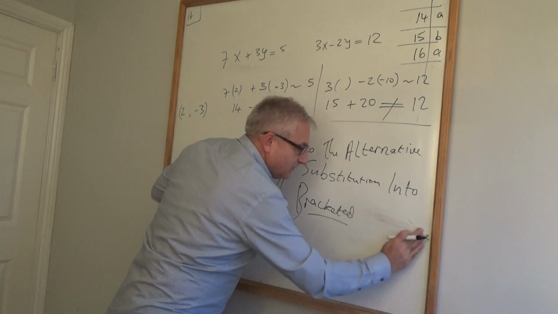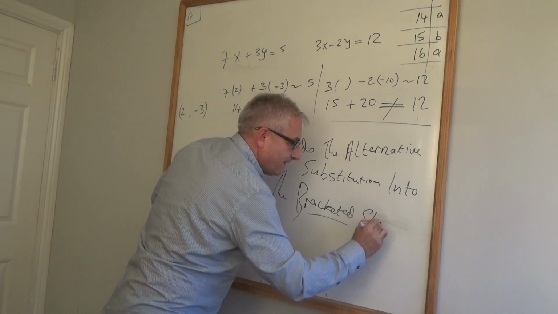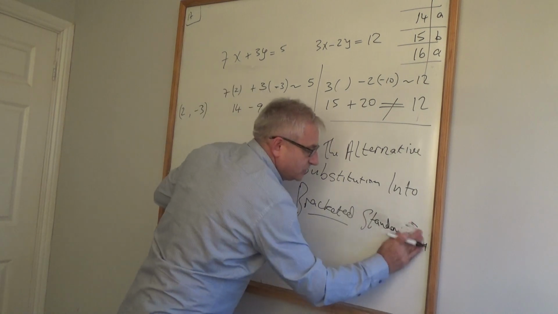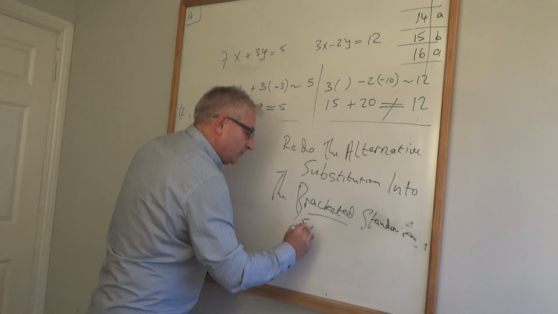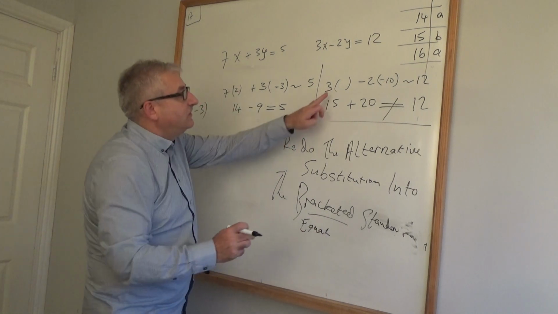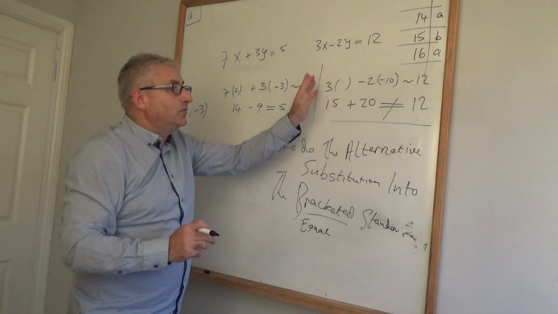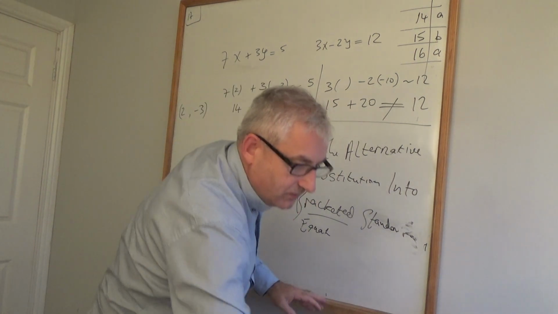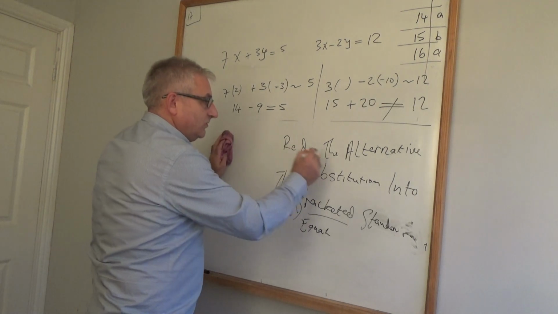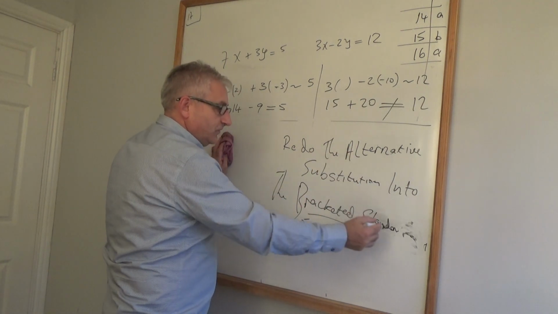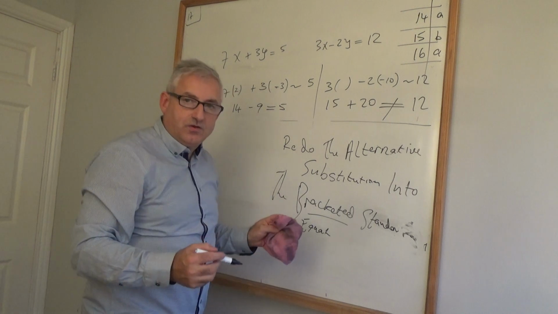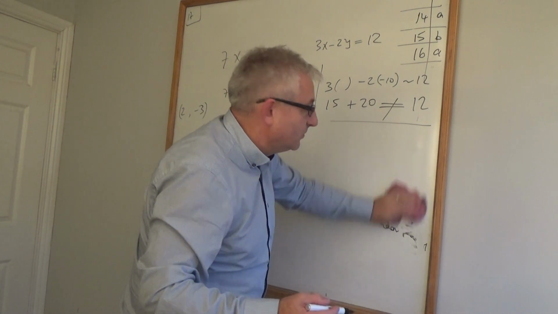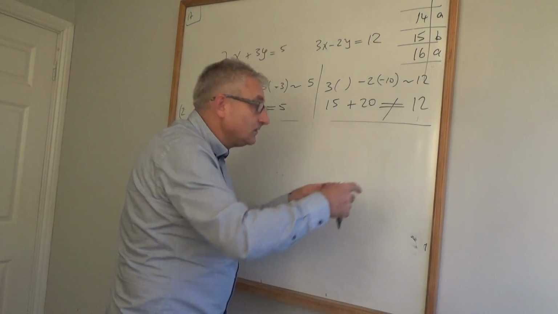The bracketed standard form equation, or just standard equation. And what I mean by standard, you know the x comes first and the y comes second into the brackets, even if no one's telling you. So even if I talked about all this there and got distracted as I started telling you a sentence, redo the alternative substitution into the bracketed standard equation. Meaning that's just code for the x comes first and the y comes second in the brackets.